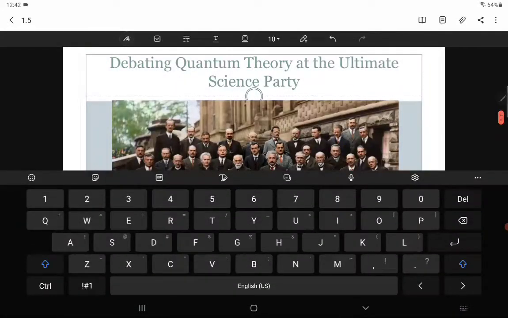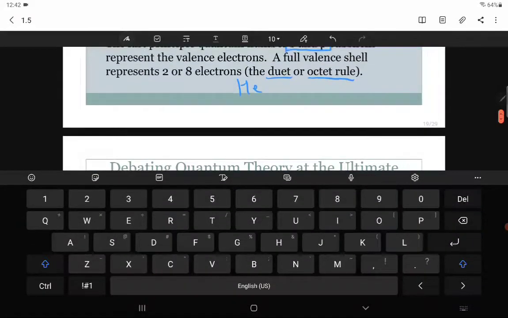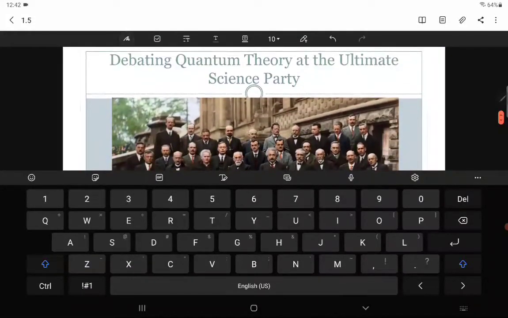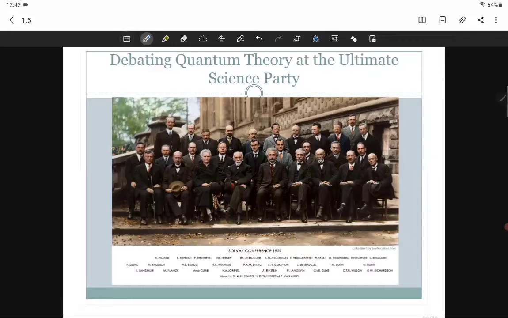So let's see what we got here. Debating quantum theory at the ultimate science party. So many of the individuals that we discussed today are actually in this picture. I know we didn't discuss Planck yet, but we also didn't discuss Curie, but you might know her. Oh, we didn't talk about Einstein either.